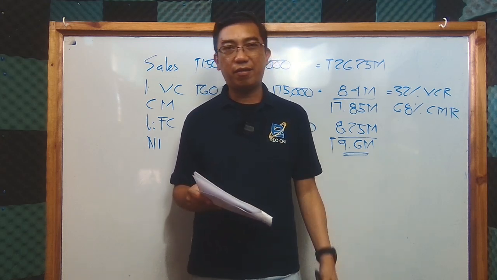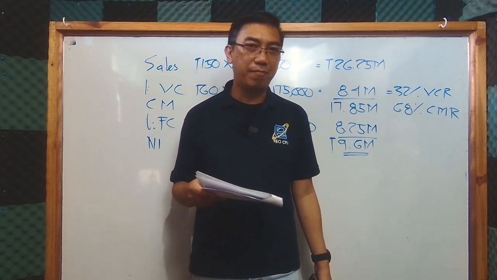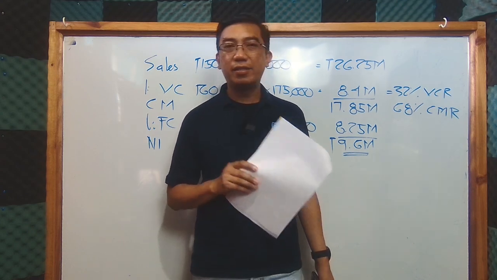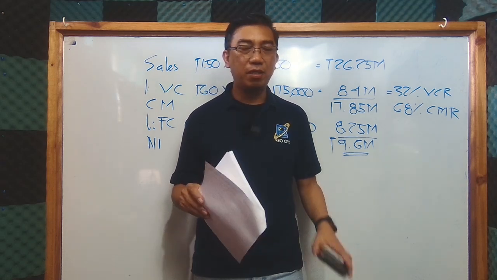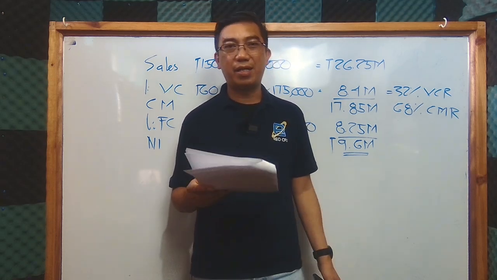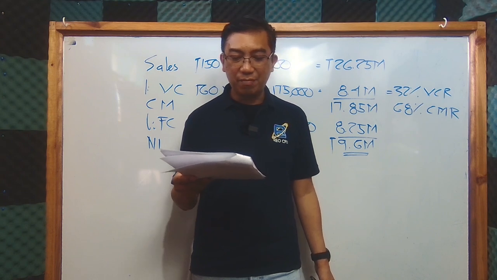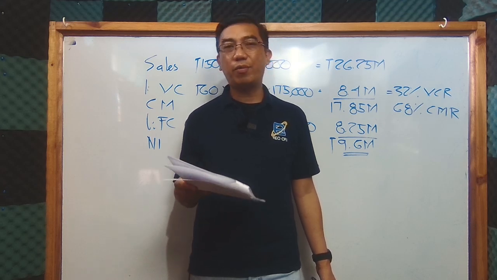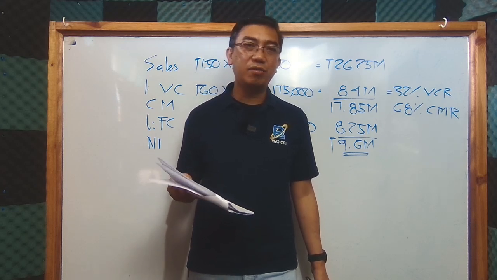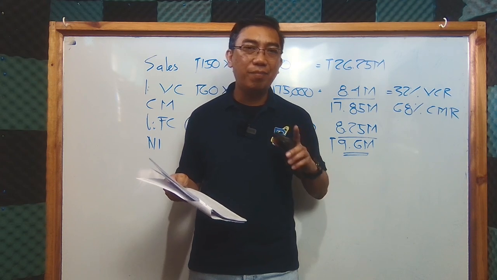But class, be careful. This is a unique problem. Kadalasan, taxes are ignored in relevant costing most of the time, except this problem. Bakit? Kasi tignan nyo class, ano sabi niya? The maximum net profit. In other words, ang gustong itanong sa atin dito is the maximum net benefit.